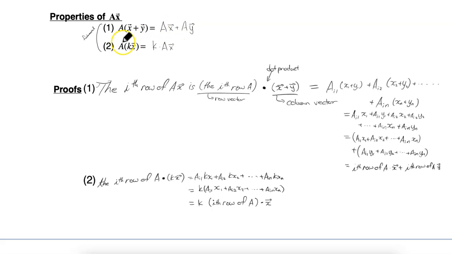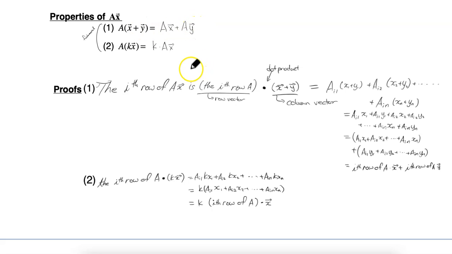Also, if you multiply a matrix A with the product of a certain vector, it is the same as multiplying the matrix with the vector first and then multiplying by a certain coefficient. So let's discuss why these two properties are true.